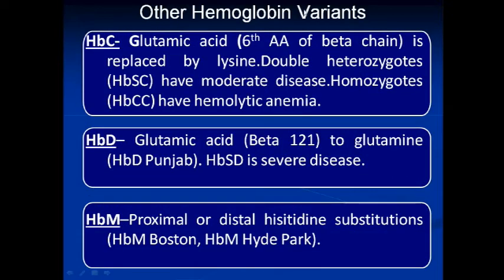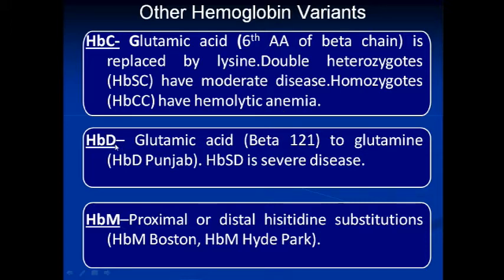Now other hemoglobin variants besides the fetal and embryonic ones have been reported: hemoglobin C, HbD, HbM, etc. In HbC, the glutamic acid at the 6th position of the beta chain is replaced by lysine. Double heterozygotes have moderate disease, and homozygotes have hemolytic anemia.